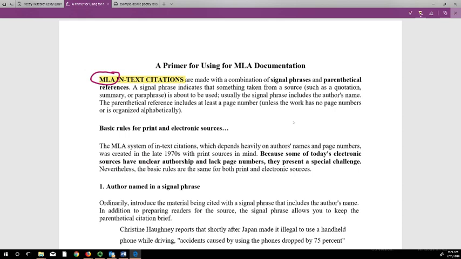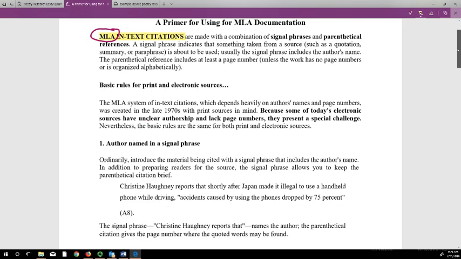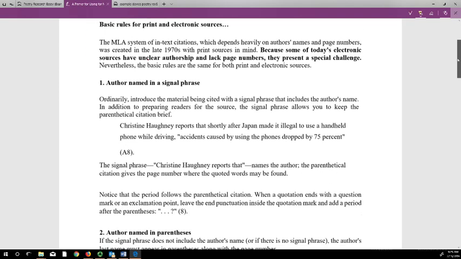MLA in-text citation. So in a nutshell, what the in-text citations for MLA are is that either at the beginning of the sentence or the end, you have to give credit for the borrowed information.